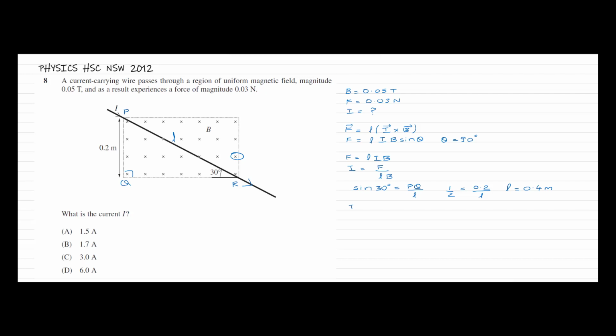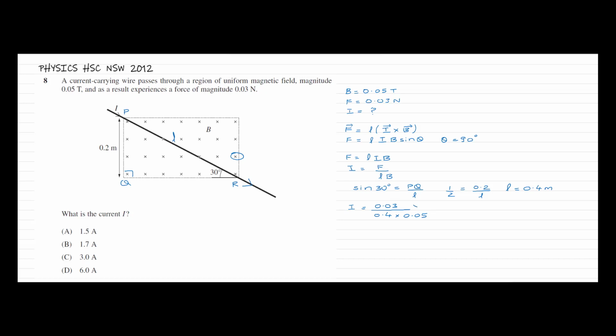So put this value of L into the above expression and then you will get the value of I. So I will be equal to force, which is given as 0.03 newtons, divided by L, which we just calculated the value as 0.4, and multiplied by B, which is 0.05.